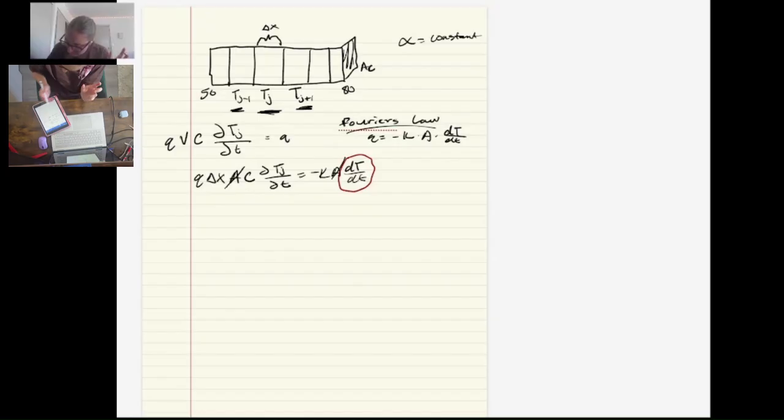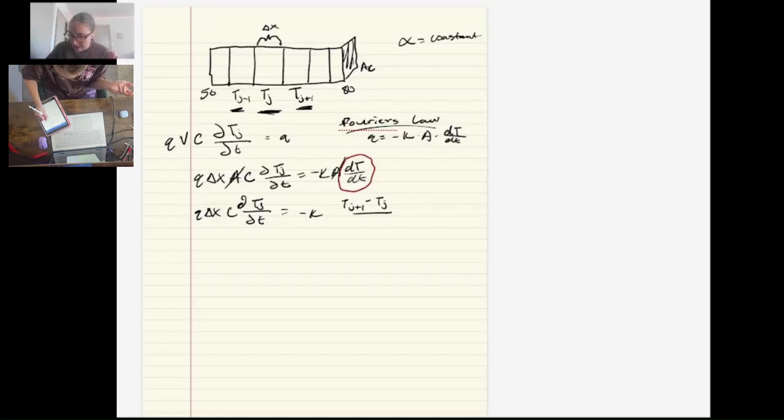So we can write this as, I'm going to rewrite this. We took out the area. If we do TJ, let's do the first one. TJ plus 1 is going to be affected by TJ, and that's going to be our heat, so we have to subtract it.